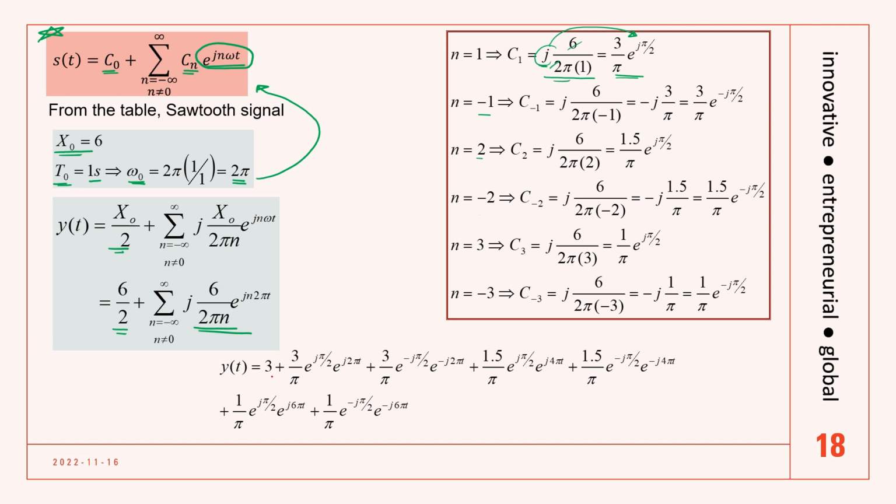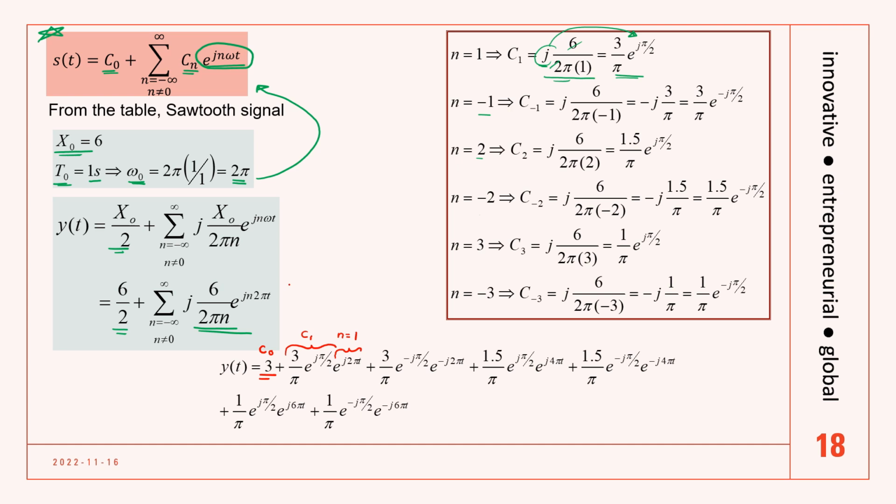This should be your C naught. Your C naught is 3. And then this should be your C1, 3 over pi exponential j pi over 2, and this is when your n is equal to 1.